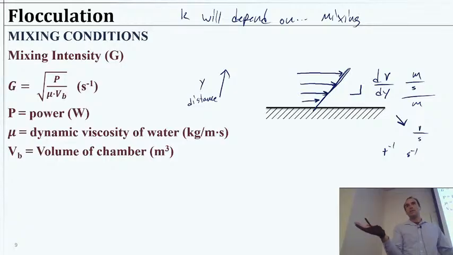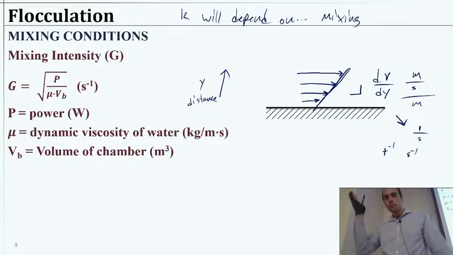It's a small gradient. So you can feel this mixing intensity if you just take a spoon in water or whatever. And that's a nice way to describe it. It's the steepness of that slope is a way to describe our mixing intensity, and it's going to be in per time units. We have a formula for that.